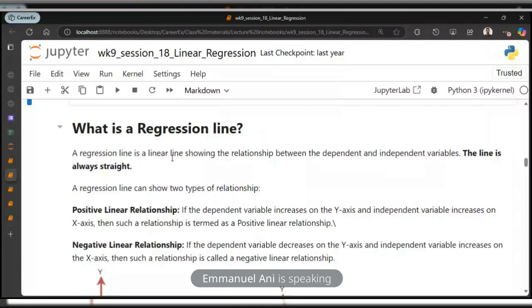While regression is a way in statistics or machine learning to find the relationship between variables, basically.